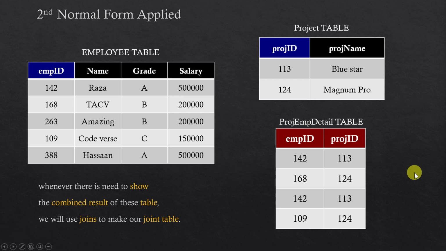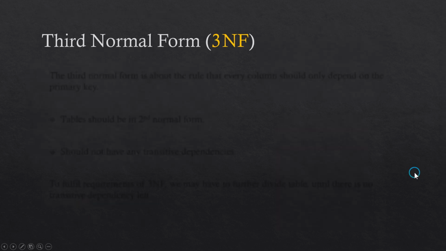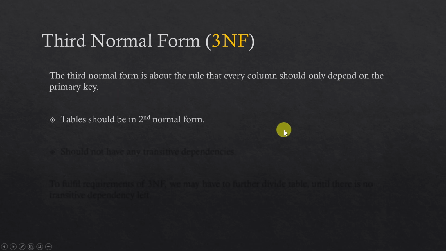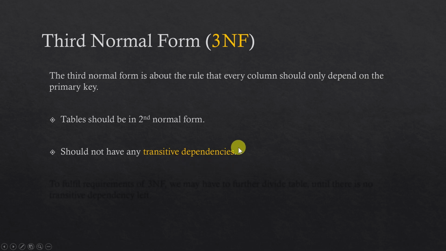Now let us move on to the third normal form. It says that every column should only depend on the primary key. So the tables should be in second normal form, and they should not have any transitive dependencies. The third normal form revolves around the transitive dependency, so we have to understand this.